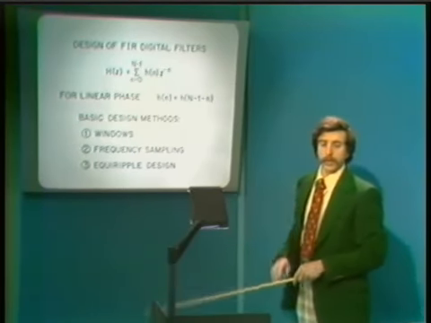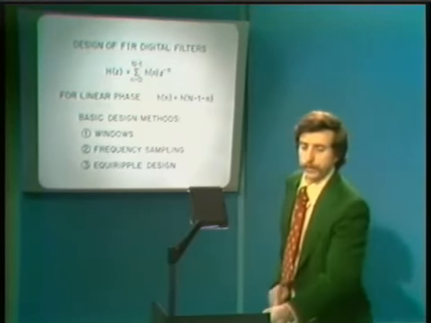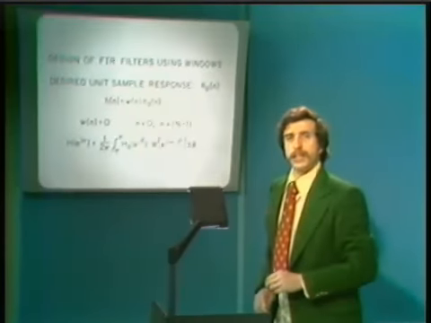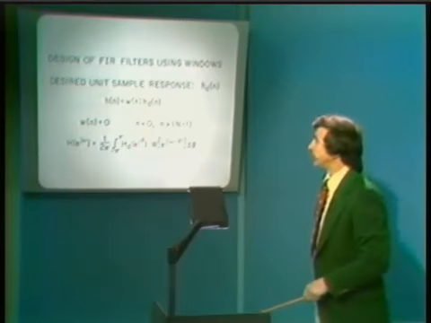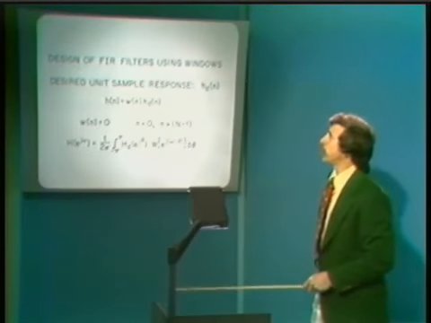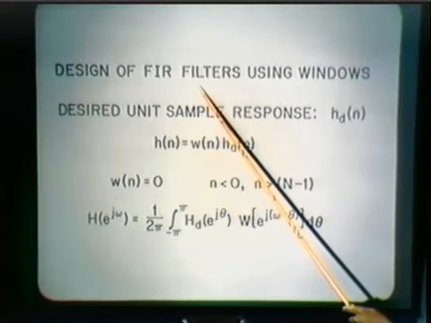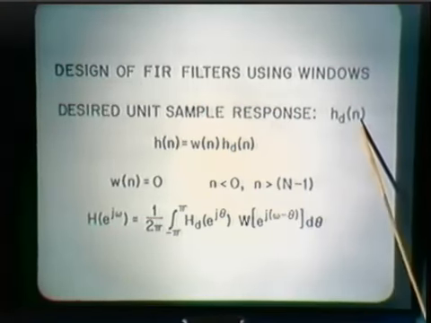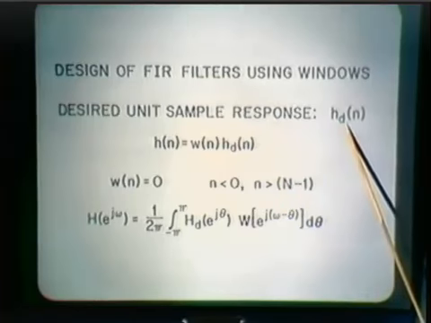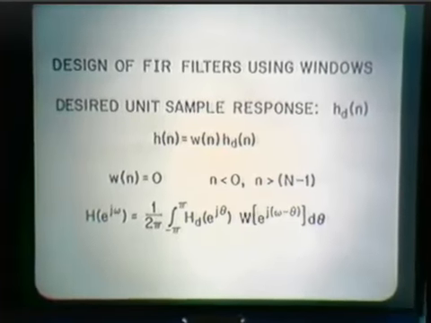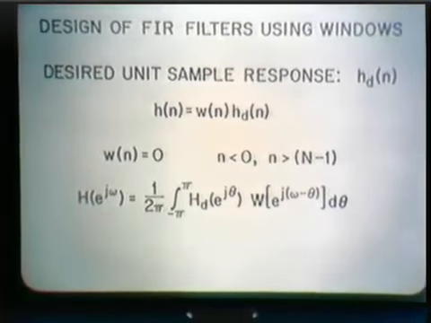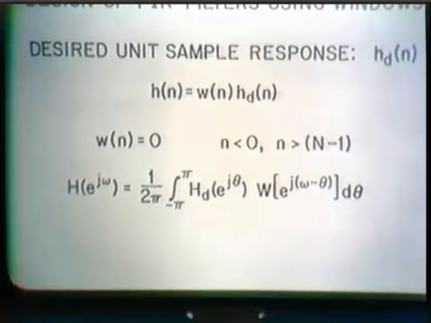Well, to begin with, the window method is based on the following strategy. Let's suppose that we begin the design of the finite impulse response filter with a desired unit sample response, h sub d of n. For example, suppose that we wanted to design a low-pass filter.